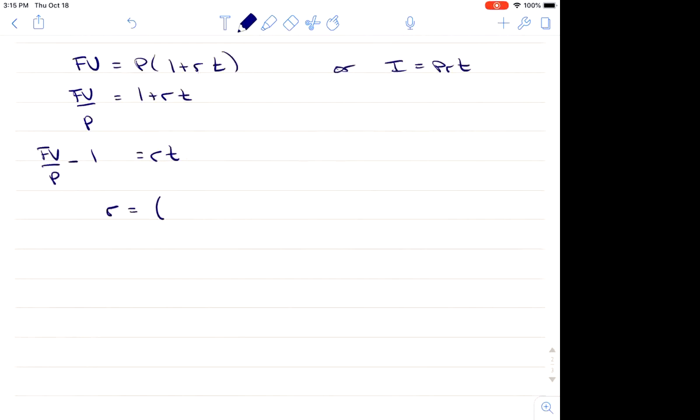Nothing's really changing though. R = (future value over P minus 1) over T. We could rejig this, but it's fine to leave it as future value over P.